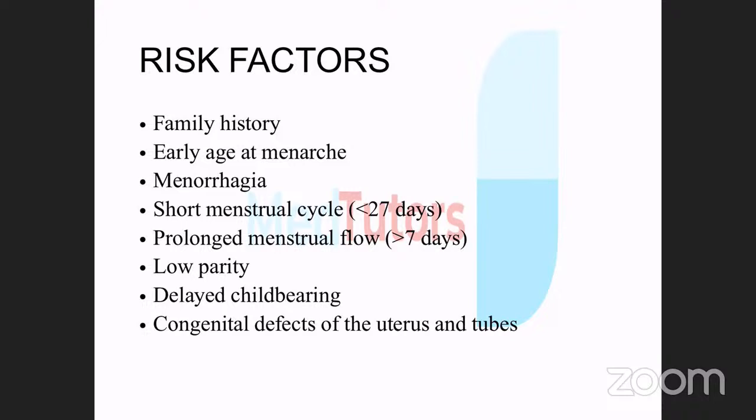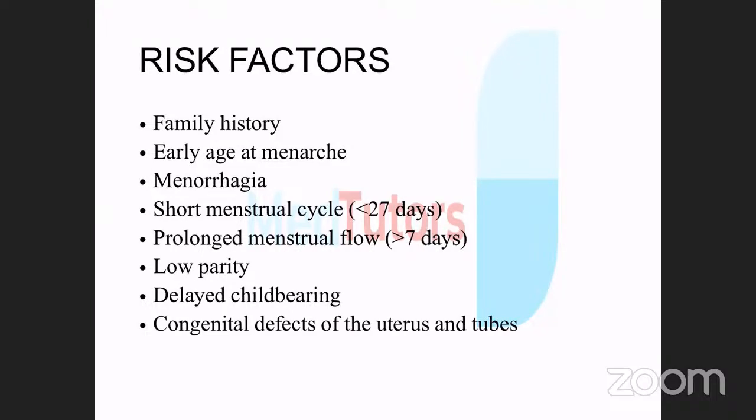If you notice, the clinical risk factors for endometriosis are related to the menses: early onset of menses, short menstrual cycle, prolonged menstrual flow, heavy menstrual flow are all associated with risk for endometriosis.